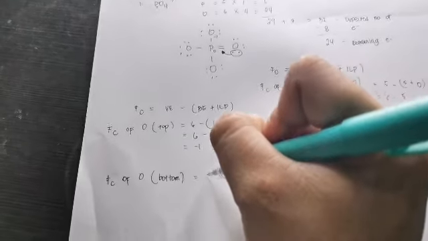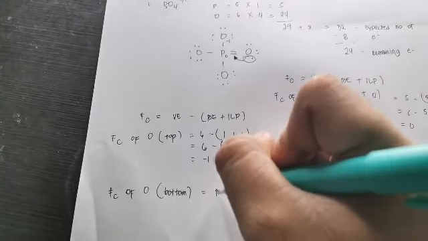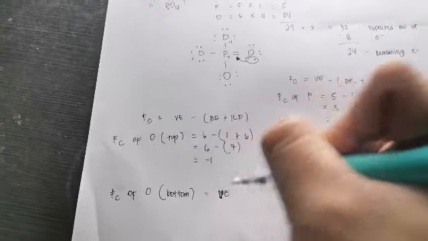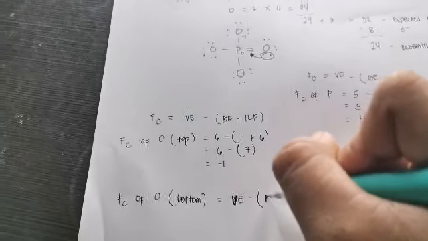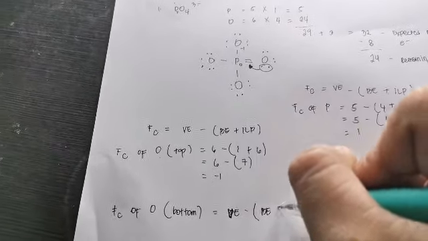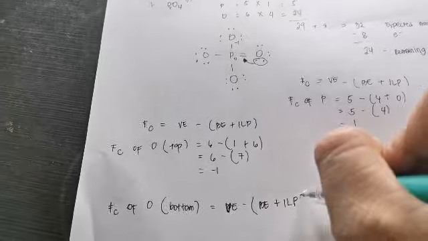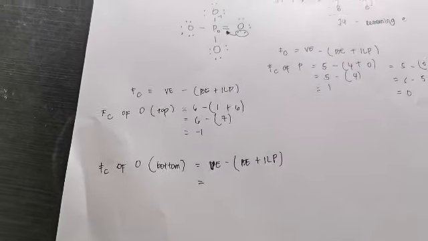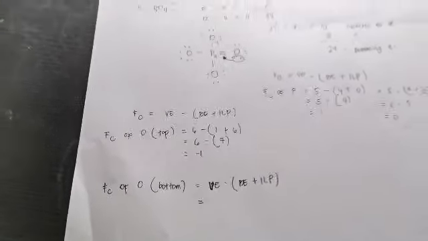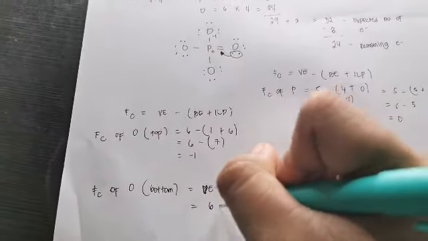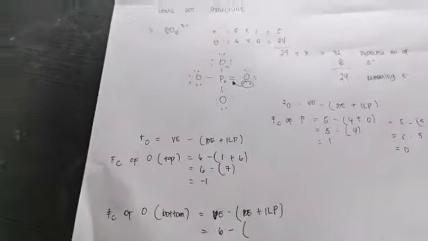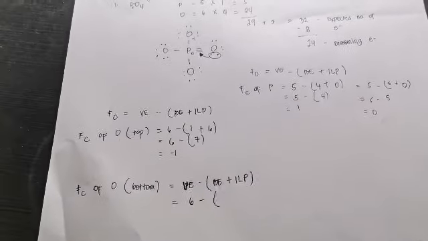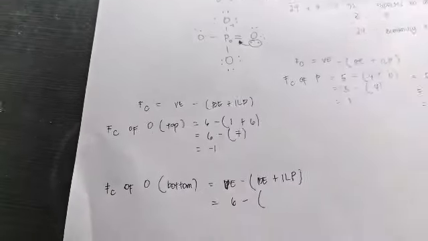yung gagamitin. So you have VE, valence electron minus the bonded electrons plus the individual lone pair. So again, what is the valence electron of oxygen? That is 6. And then followed by the bonded electrons. How many bonded electrons? Only 1.